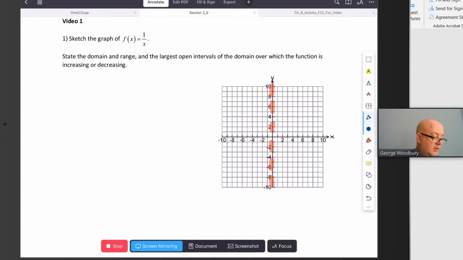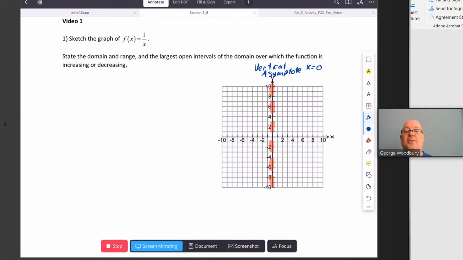And so again, that is a vertical asymptote. And that is at x equals 0. The function's undefined there. And what we're going to see is on one side, it's going to approach the y-axis heading up, the other is heading down, but technically they're both heading down.